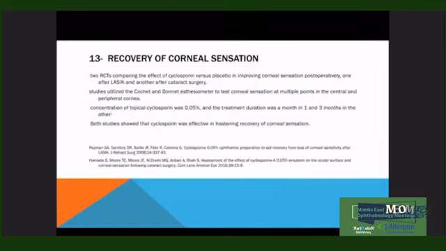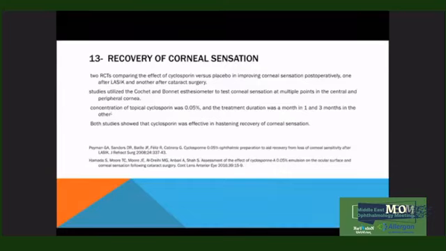Next indication would be based on the study published in the form of two RCTs, which compared the effect of cyclosporine versus placebo in improving the corneal sensations post-operatively. So one group was after LASIK and the other group was after cataract surgery.